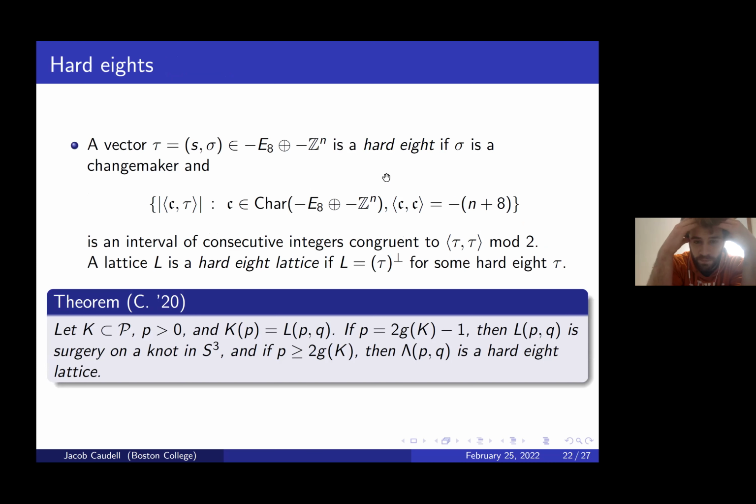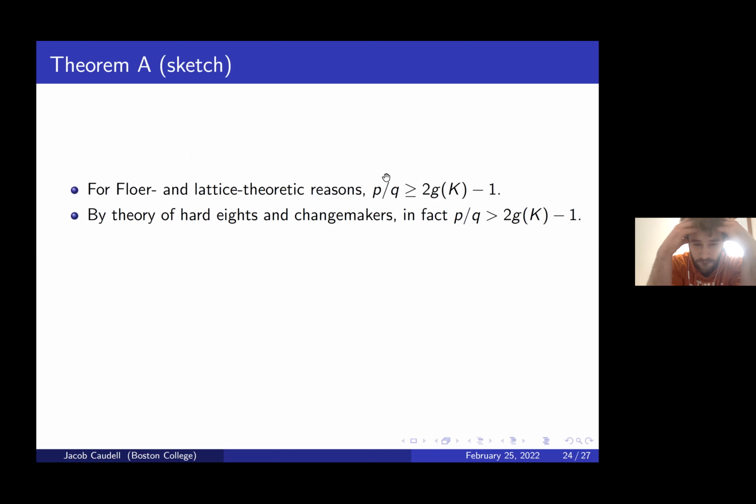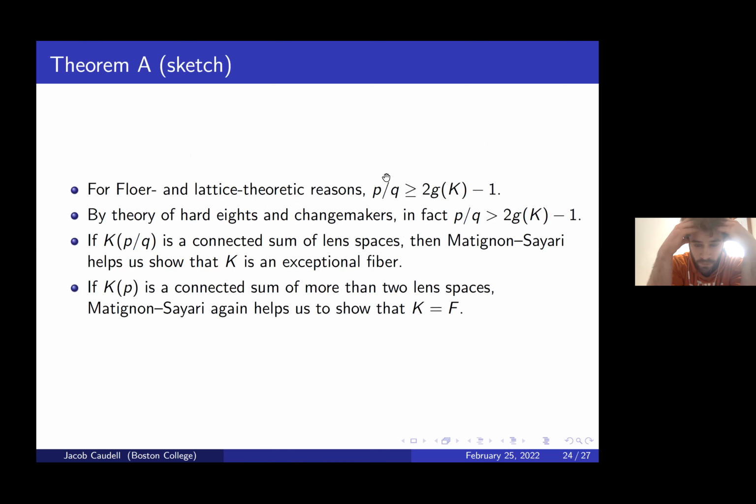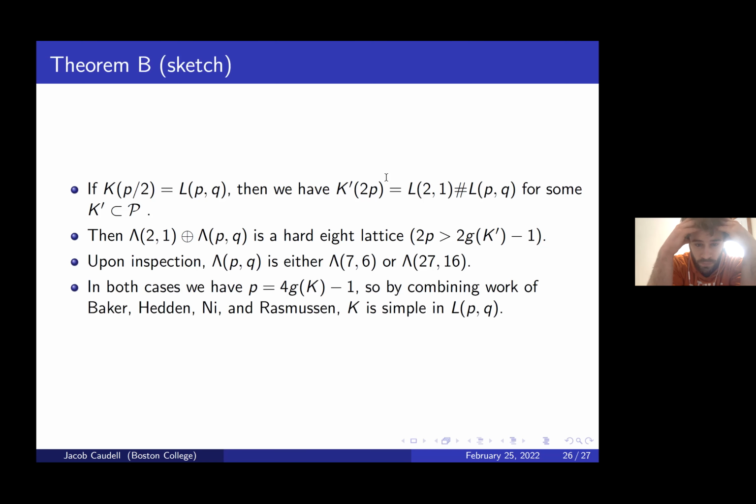And what you can show is that if n is at least 2, then this lambda 2 1 summand has to come from the first changemaker basis vector you get from the changemaker tail.